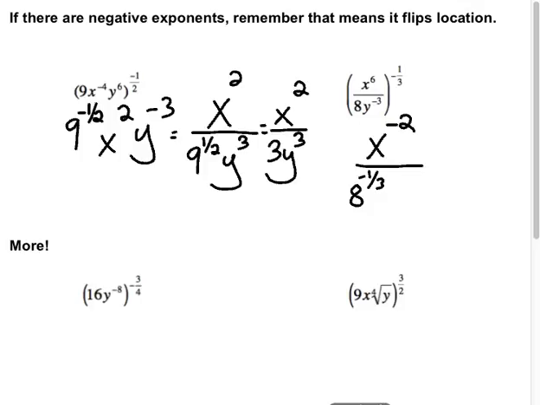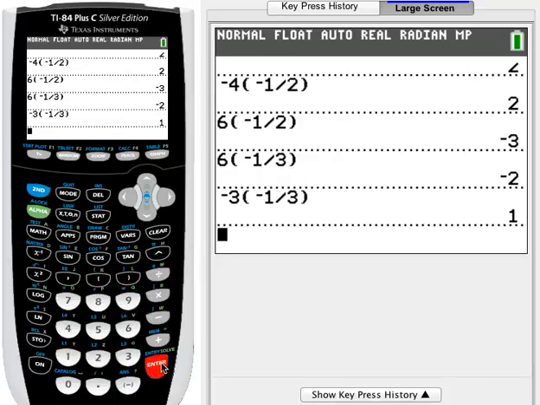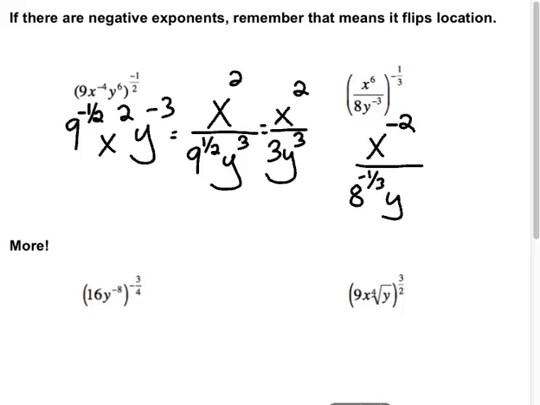And then the y, power of a power again. So let's calculate that. Negative 3 times negative 1/3. It's going to give me a positive 1 exponent, okay? So the y is just going to sit like that.